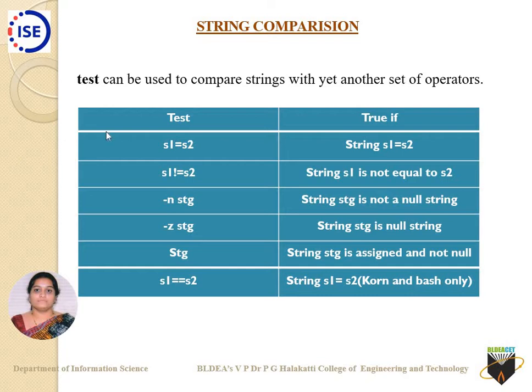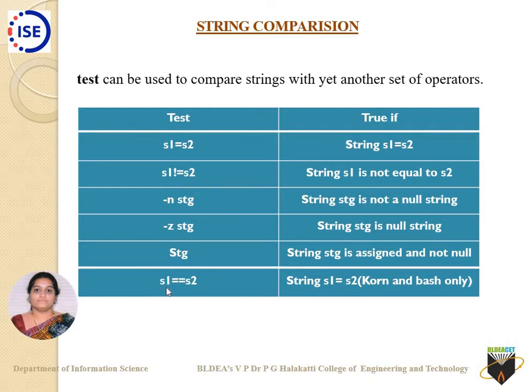The vice versa of this is -z. -z checks whether the string is null or not, while -n checks whether the string is not a null string. Then I can directly use just the string, which says that it's assigned and is not null. These three go hand in hand, but it entirely depends on how best you use them.